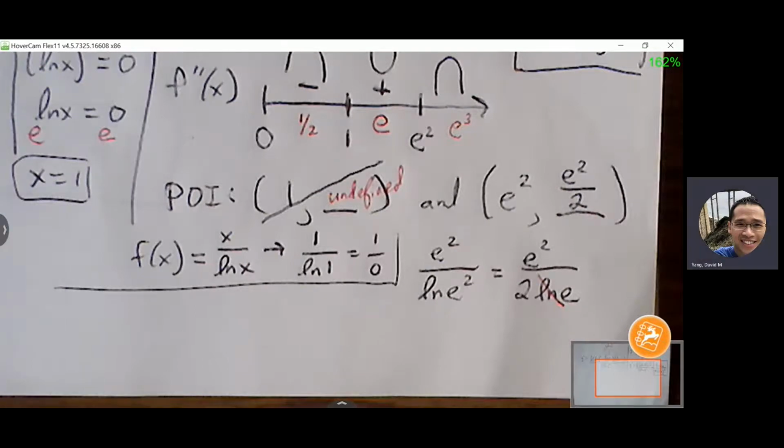Okay, let me pick out some problems from worksheet number 3. So you guys can turn to page 6.